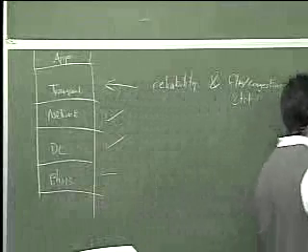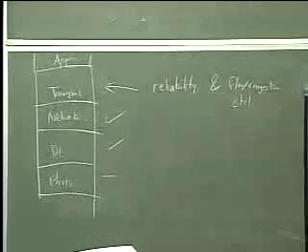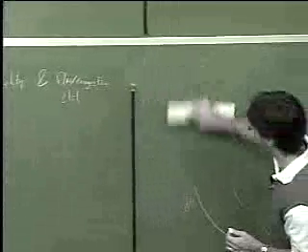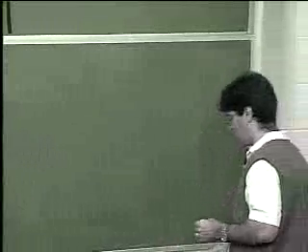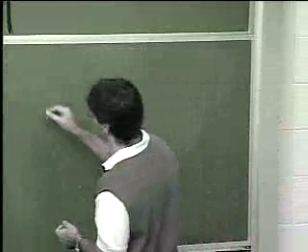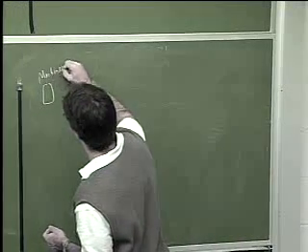Okay, so if you're designing protocols for the transport layer, this is effectively what the system looks like. You have a machine over here.